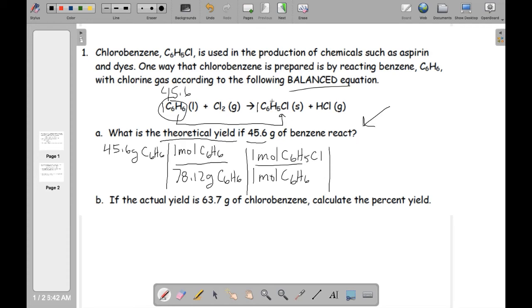Now we need to take this to grams. So 1 mole of C6H5Cl, go get my molar mass from the periodic table, is about 112.569 grams of chlorobenzene.